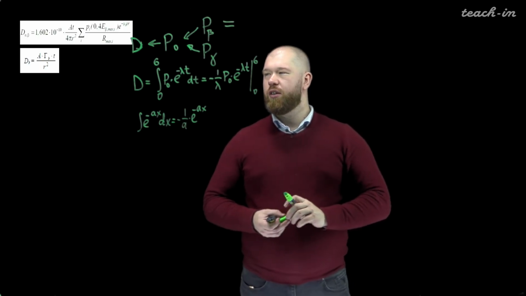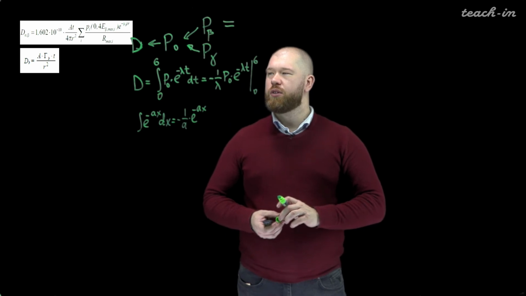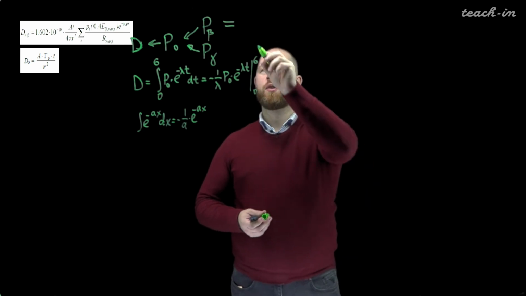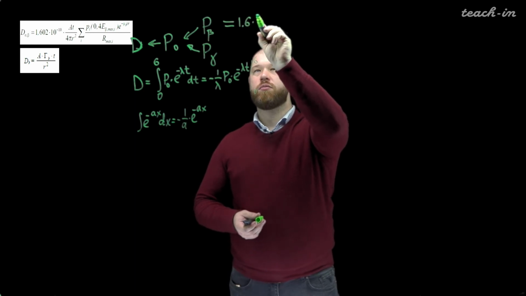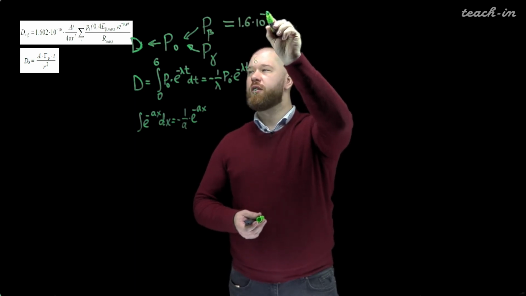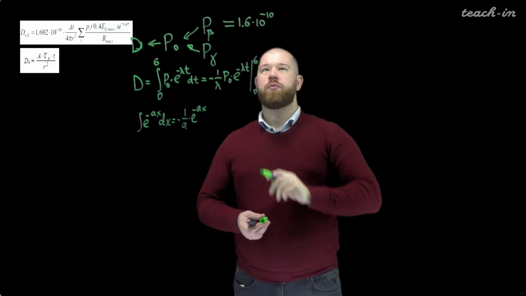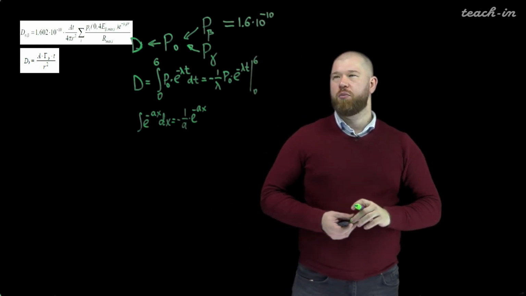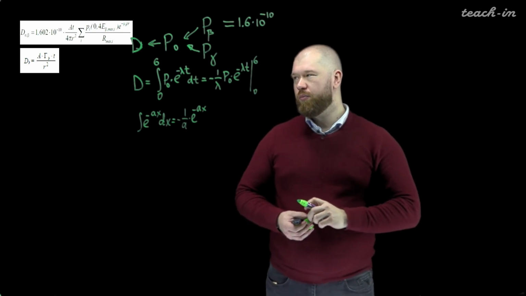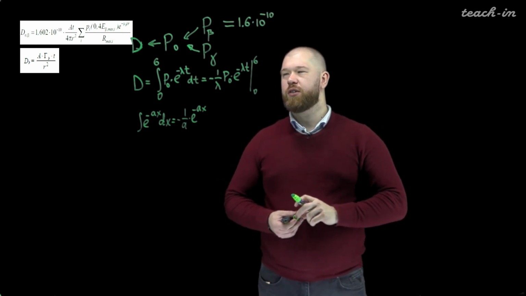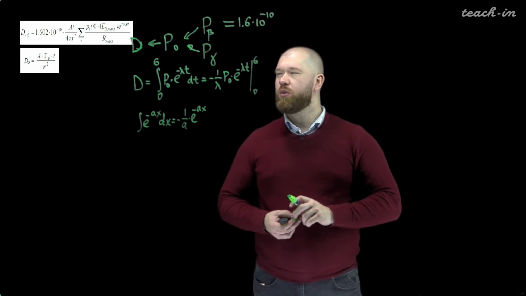It is a reminder for this specific equation. In the case of our beta particles, it will be 1.6 times 10 to minus 10, because we will use the energy of beta particles in mega electron volts.